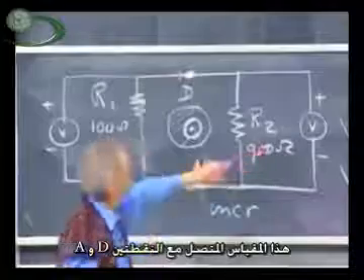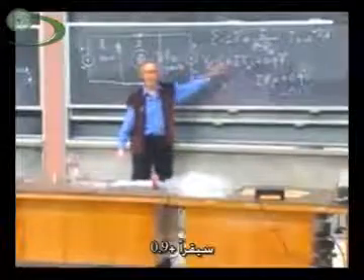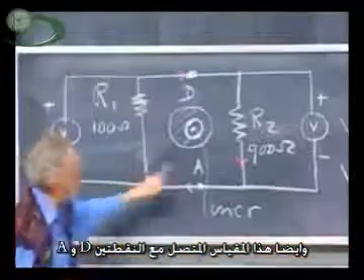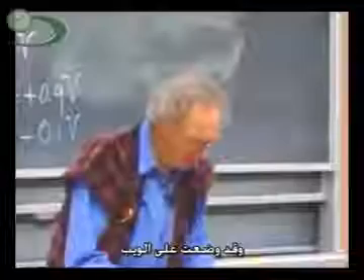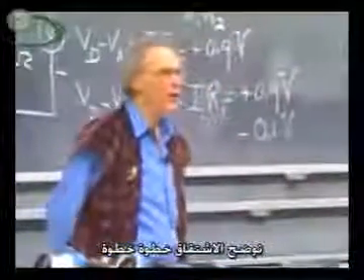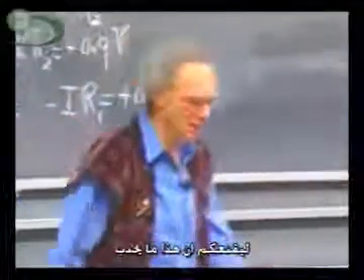This voltmeter, which is connected between D and A, reads plus 0.9. This voltmeter, which is connected to D and A, reads minus 0.1. The two values are different. And I placed on the web a lecture supplement which goes through the derivation step by step, which will convince you that indeed this is what is happening.